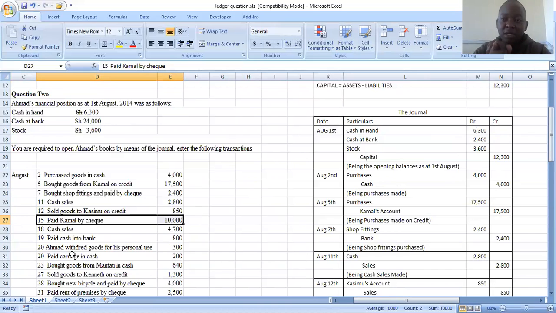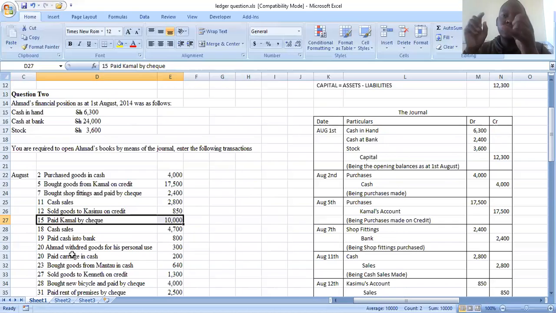Kamal being a liability and decreasing, we are supposed to debit. Liabilities should always be debited whenever they decrease, and assets should always be credited whenever they reduce. So debit Kamal's account and credit the bank account.